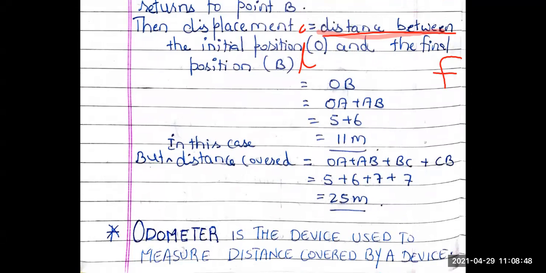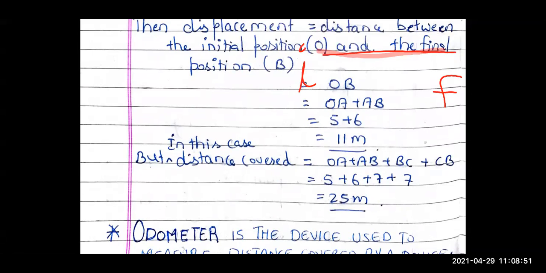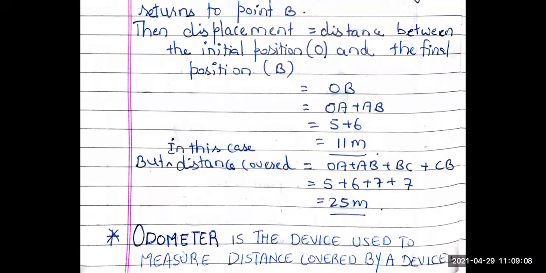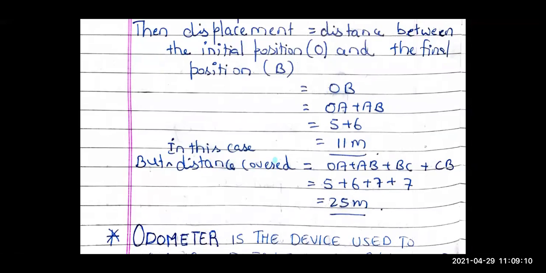Okay, now we are going to name the device which is used to measure the distance covered by an object. Children, if you look at the speedometer of your Activa, of the bike or of the car, what you will see? If it is an analog one, here one needle is there, and here some numbers are written: 10, 20, 30.